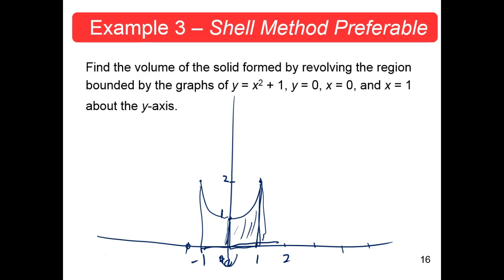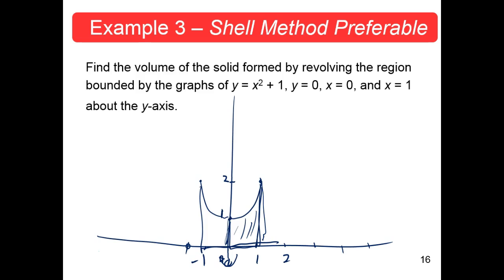That won't be hard for this part of the disk, but for this part, you've got washers, and you'll need that in terms of y, so x squared is equal to y minus 1, so x is equal to the square root of y minus 1. You want to integrate that? I don't either.